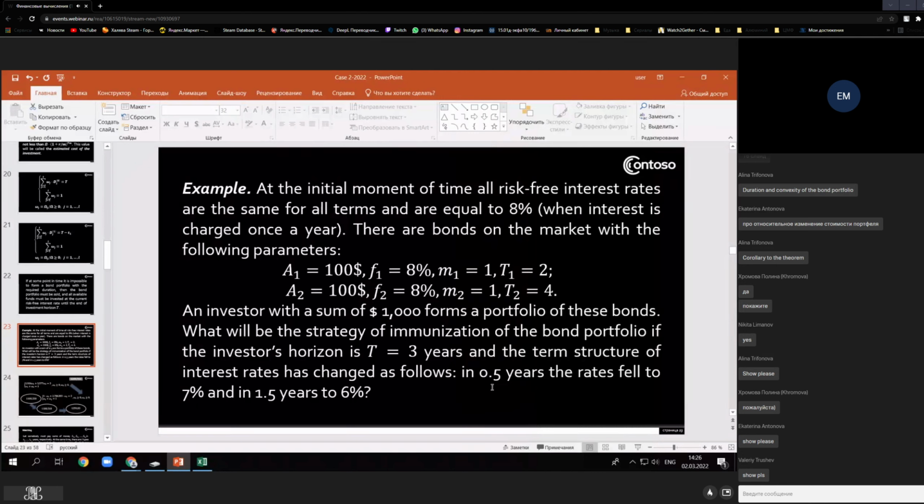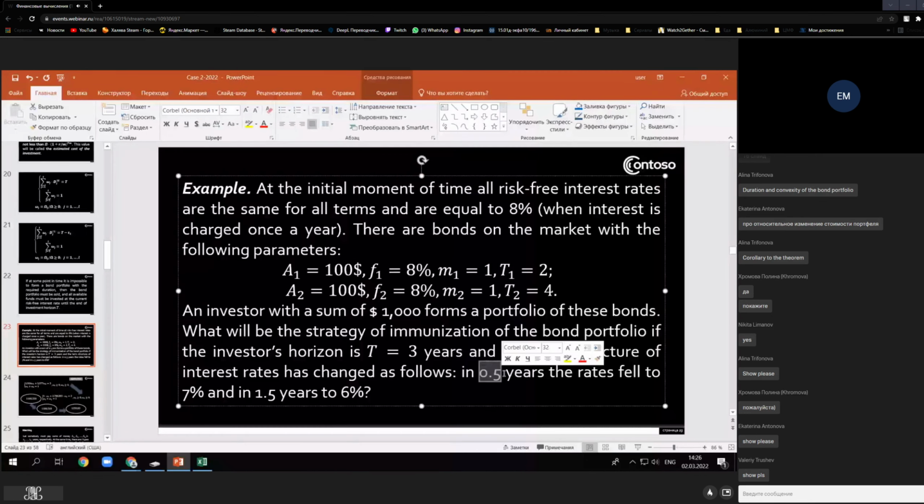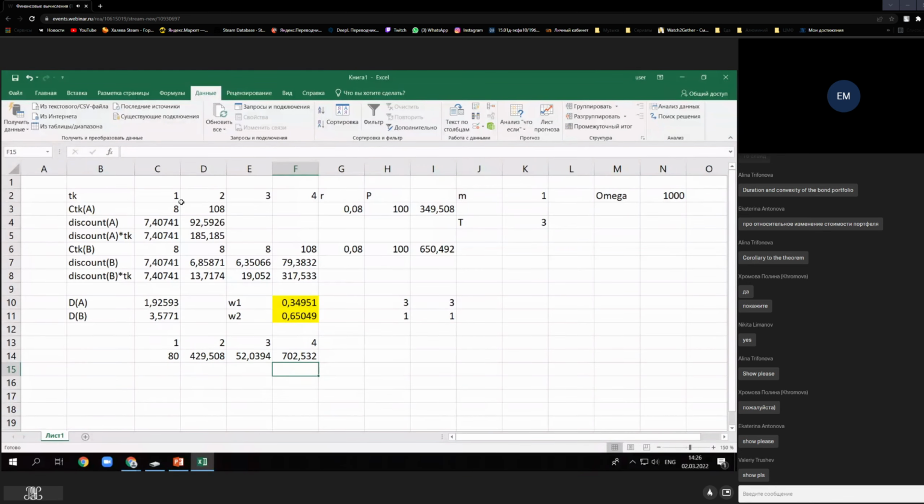You should do something only at the moment of the coupon payment. The nearest coupon payment will be in 1 year. So the rates will change and all of them become equal to 7%.